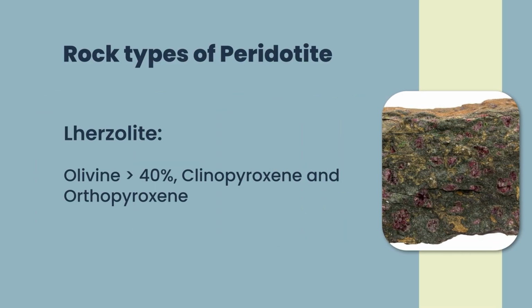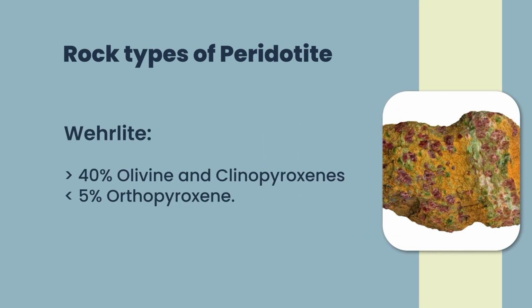So, olivine, orthopyroxene and clinopyroxene are present in harzburgite, whereas dunite has only monomineralic olivine. Lherzolite has more than 40% olivine, with clinopyroxene and orthopyroxene. In the case of wehrlite, more than 40% olivine is there and clinopyroxene, with less than 5% orthopyroxene.